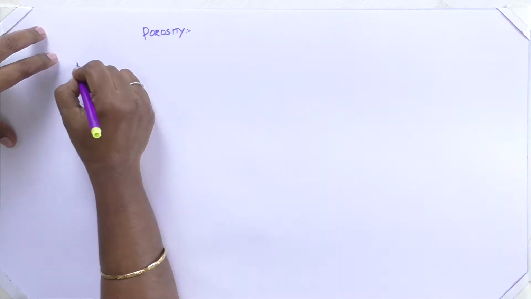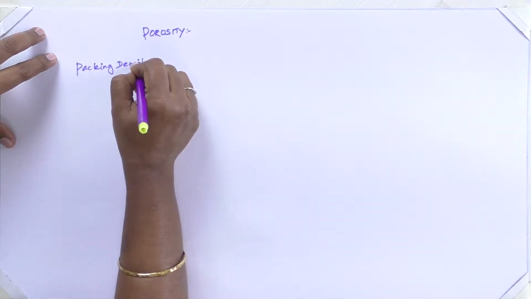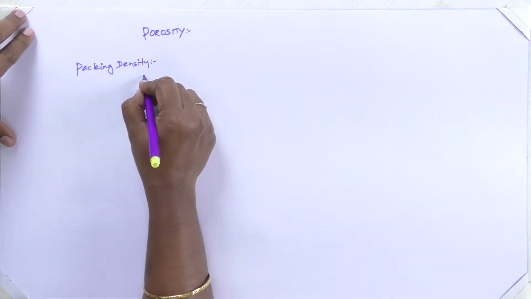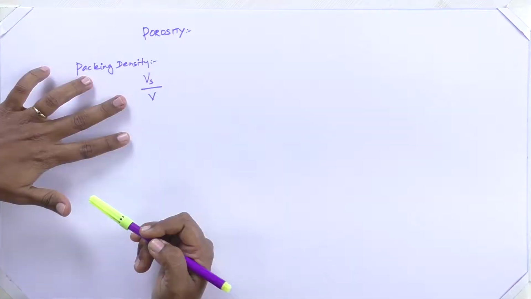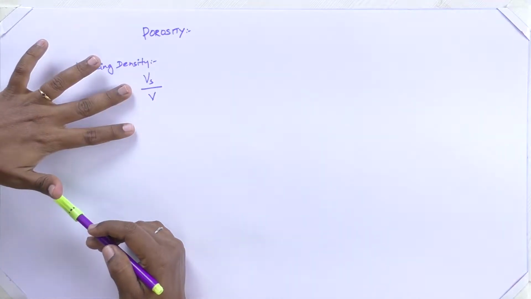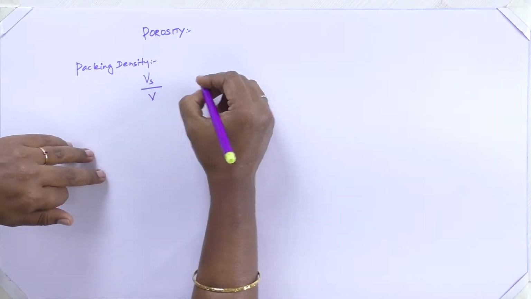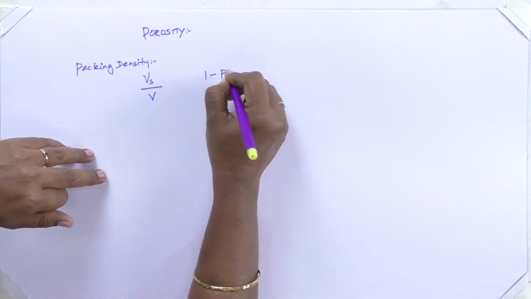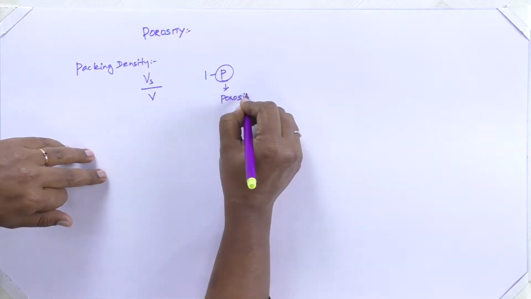It is nothing but the ratio between the volume of solids and the total volume, and it is given as 1 minus P, where P is the porosity.